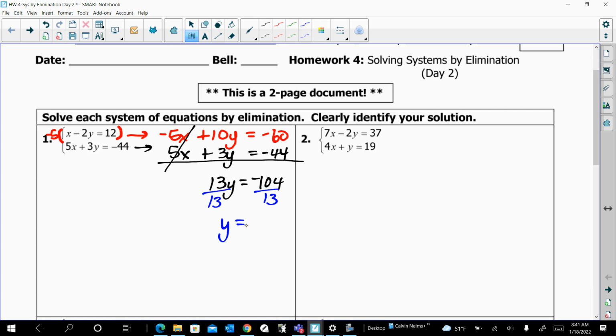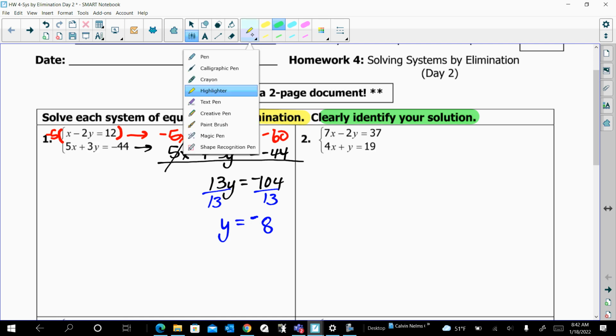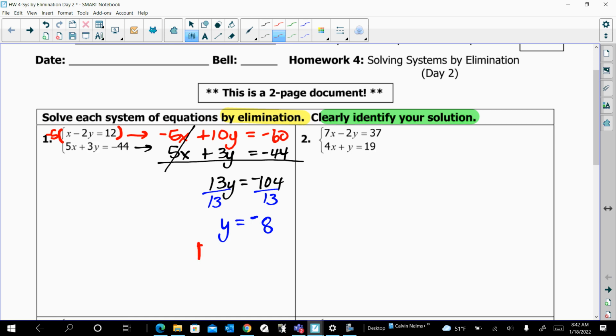And so our y equals negative 8. All right. Now, this is clearly right here. Make sure, one, we're solving by elimination. And then we also clearly identify a solution. So our solution should be an ordered pair, or no solution, or infinite solutions. So don't forget to now plug back in.